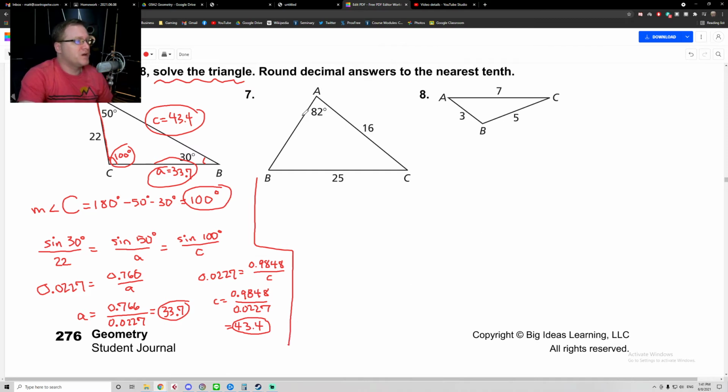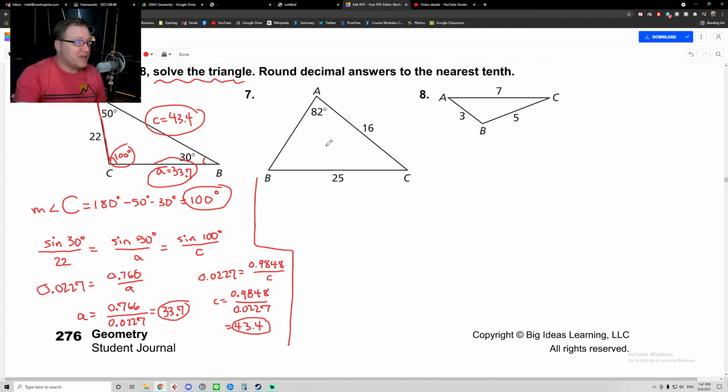Let's move on now to number 7. This time we don't have two angles. If you have two angles, it's very easy to find the third angle because they sum to 180. But here we only have one angle.